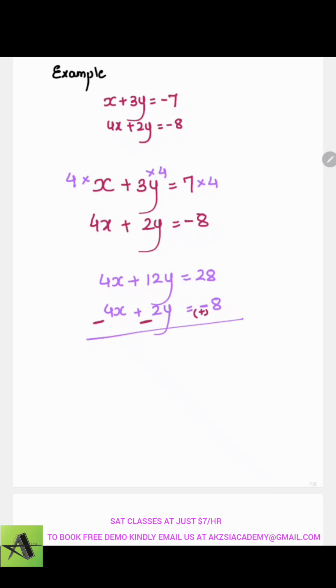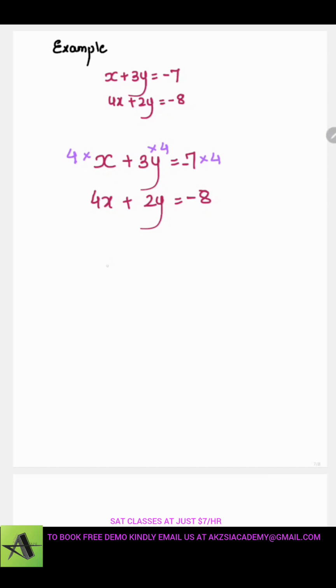So 4x minus 4x is 0. 12y minus 2y is 10y, and 28 plus 8 is 36. So this will transform this equation into 4x plus 12y equals minus 28, and the bottom one remains as it is because we haven't done anything to it.